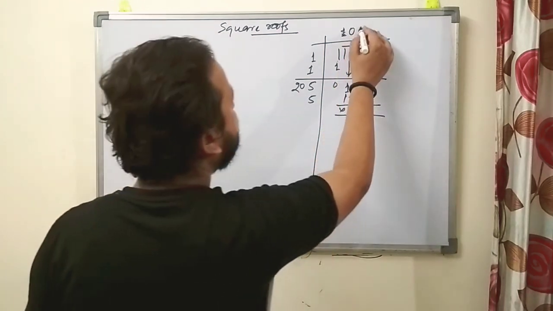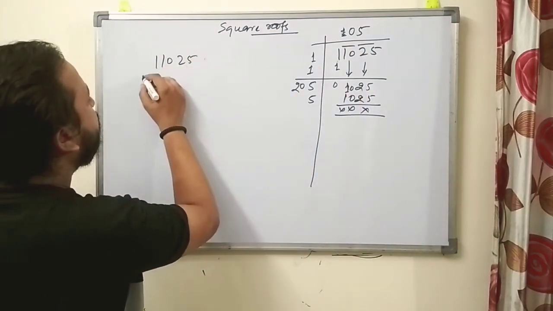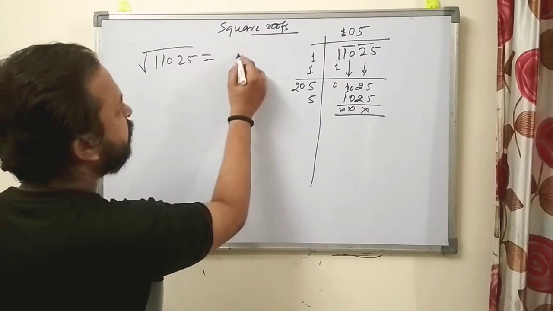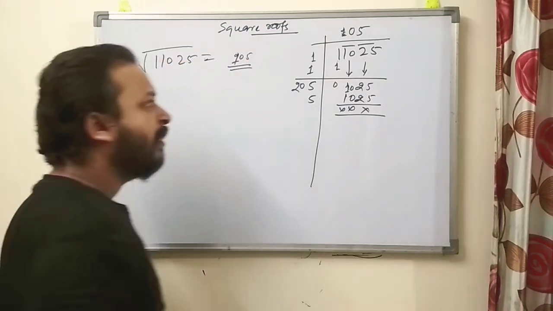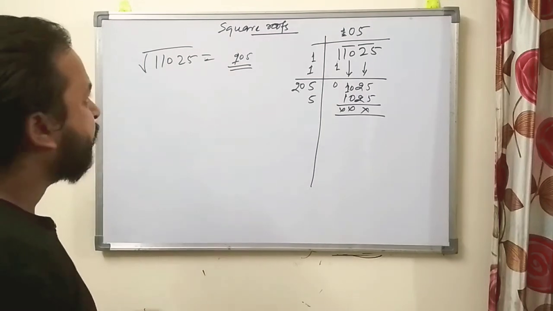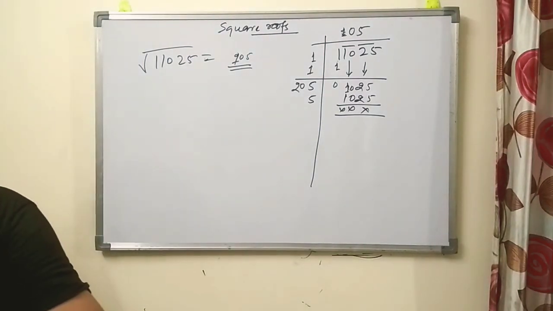So the square root of 11025 is 105. You can use this method to find square roots.